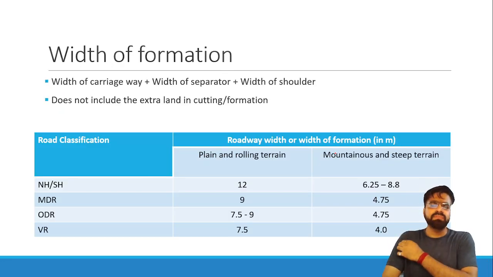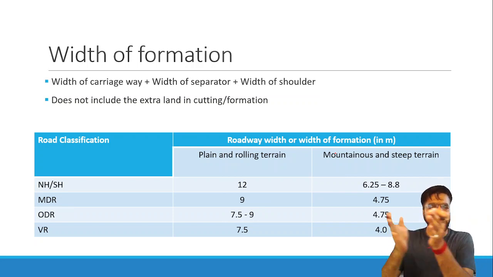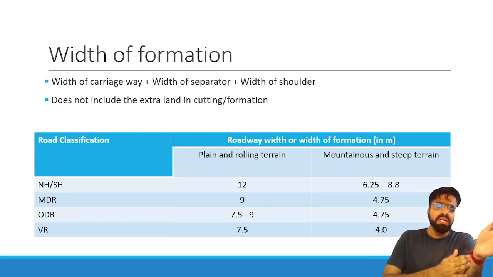Width of formation. We saw in the diagram that width of formation is the space from the edge of the shoulder to the edge of the shoulder.